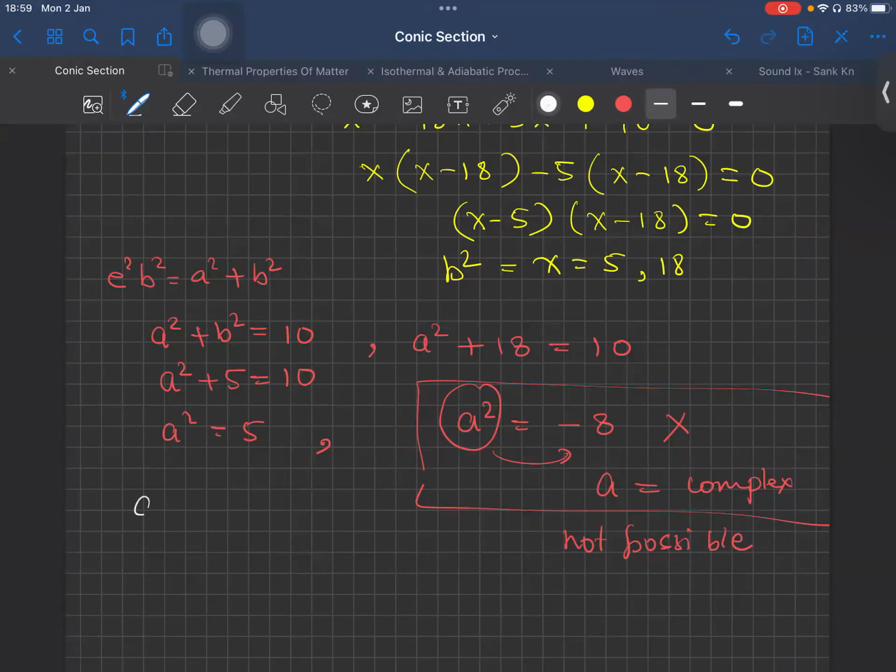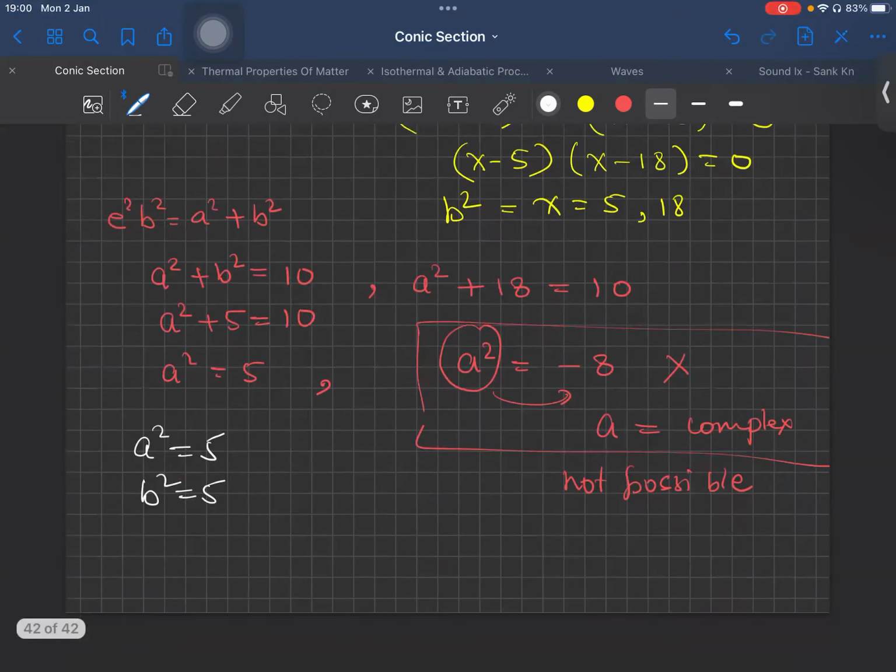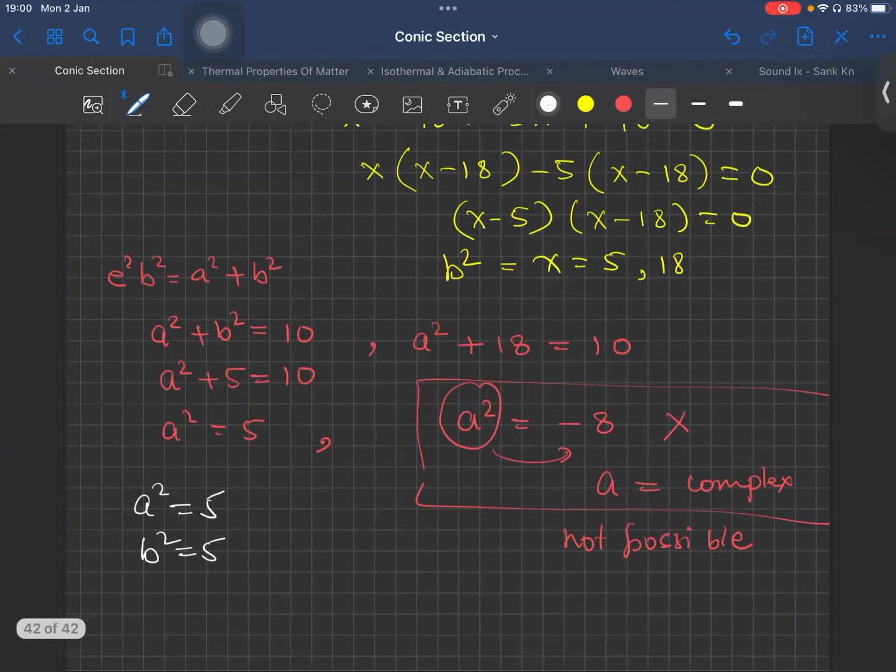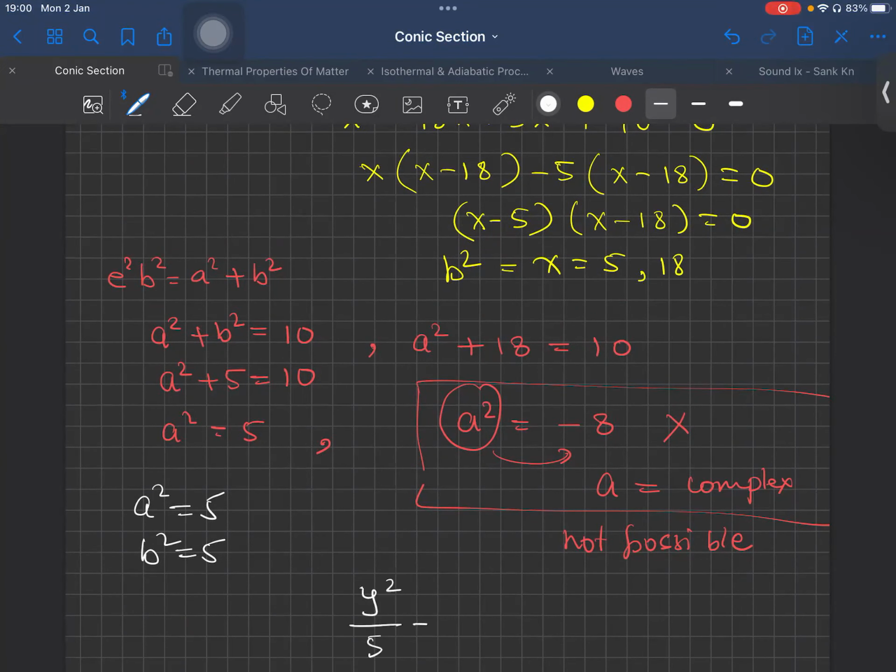Understood or not? So the equation of hyperbola will become y square upon 5 minus x square upon 5 is equal to 1. What type of hyperbola is this? We have studied just now. What type of hyperbola is this? These types of hyperbolas are called equilateral hyperbolas.